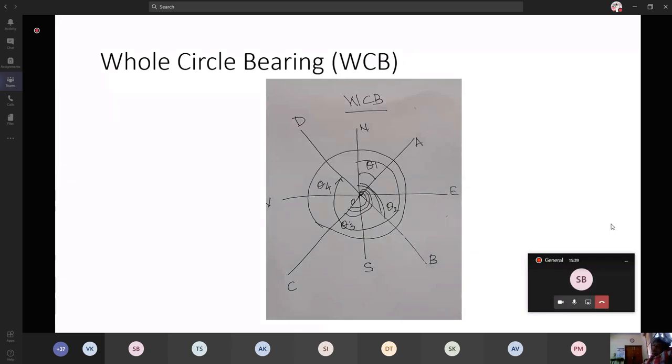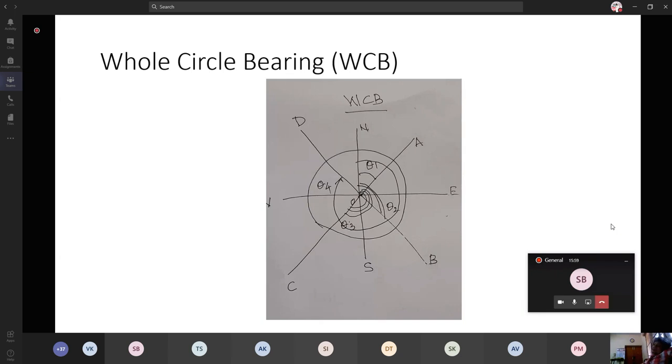In which quadrant does it lie? Bearing of line OA is 85 degree. First quadrant, the north and east quadrant, northeast.